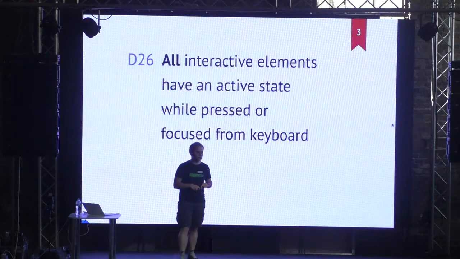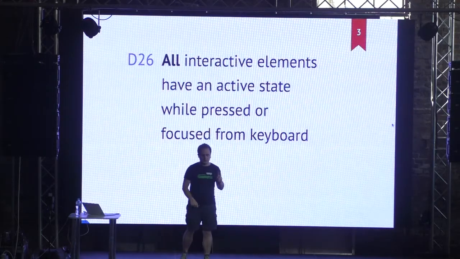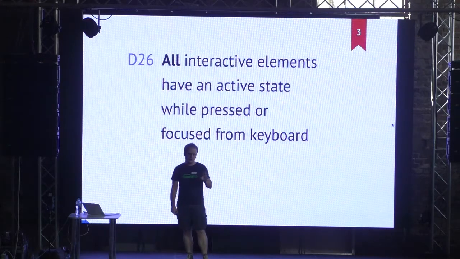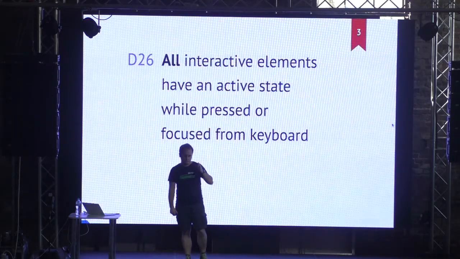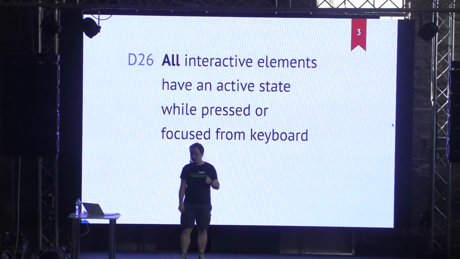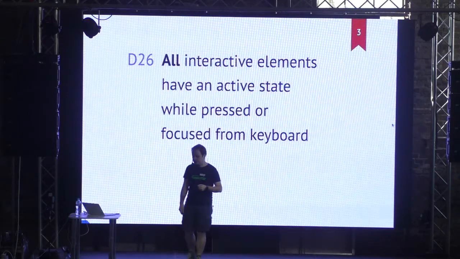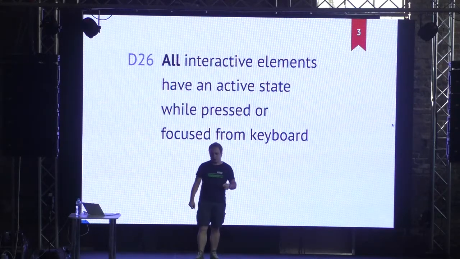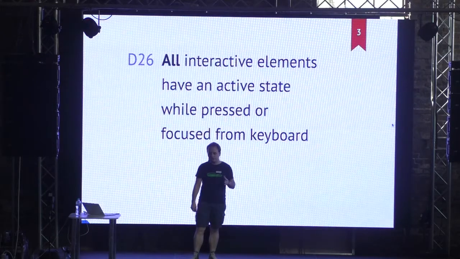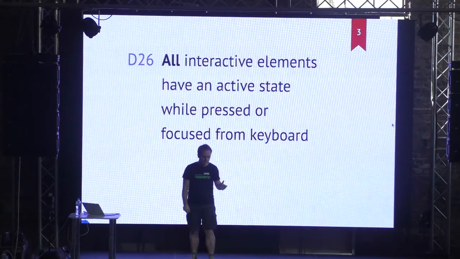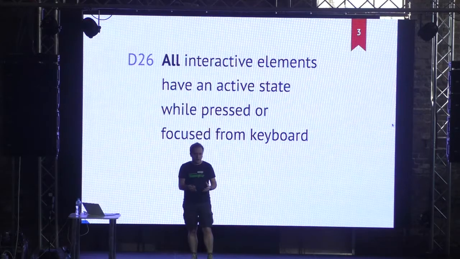We have two criteria that you should match with your code to be able to successfully finish our intensive course. Criteria D26 states that all interactive elements have an active state while pressed or focused from keyboard, meaning that when you're using a keyboard, you should be able to interact with interfaces.